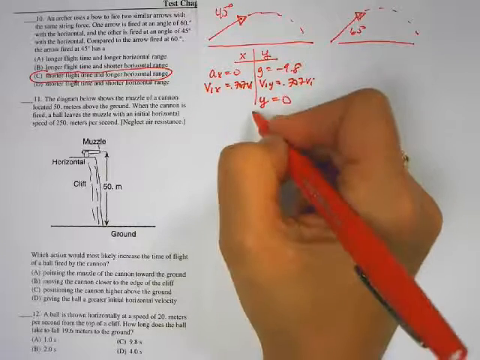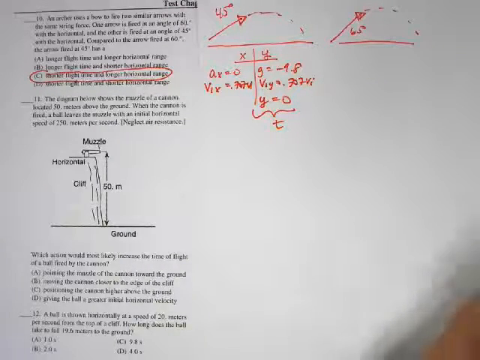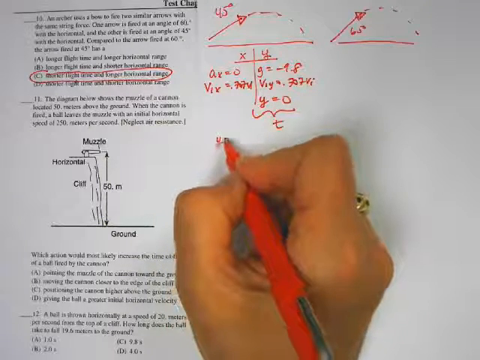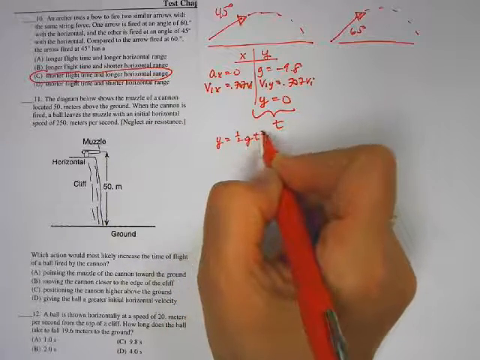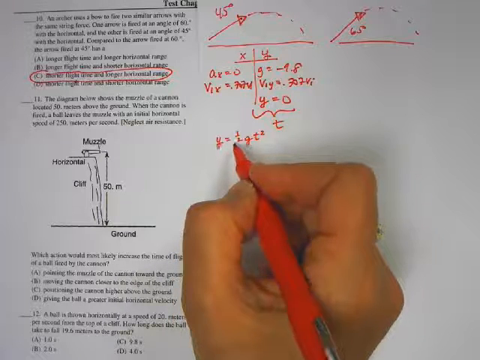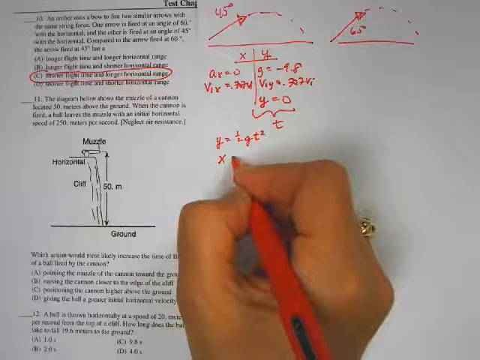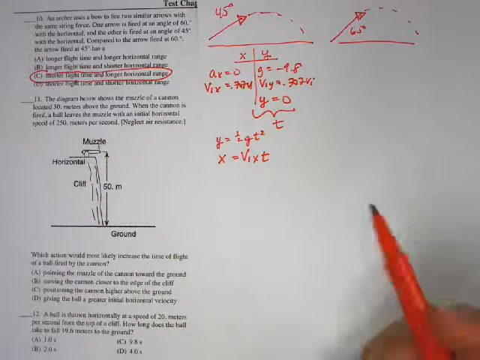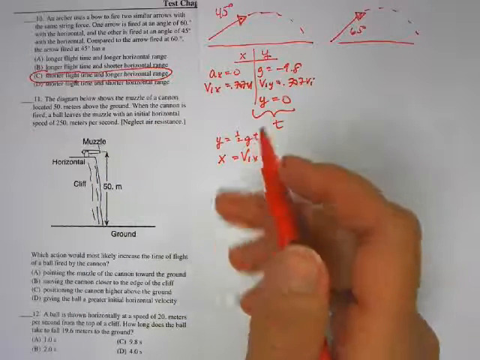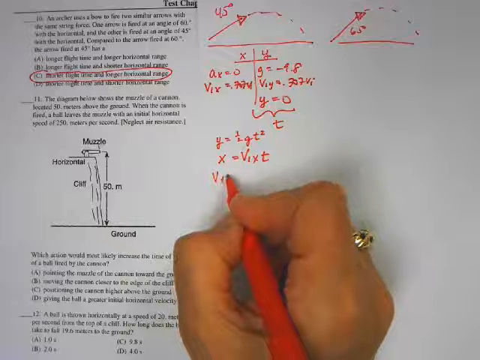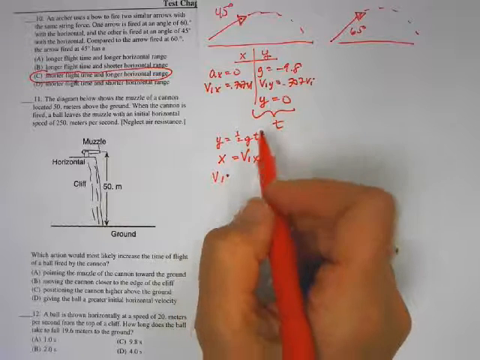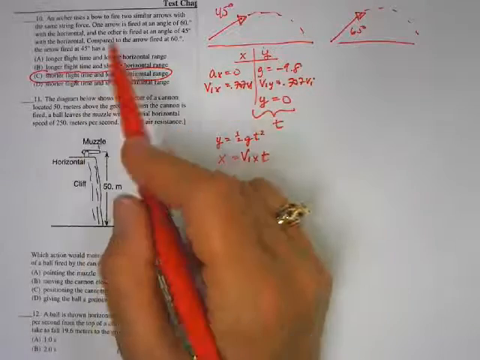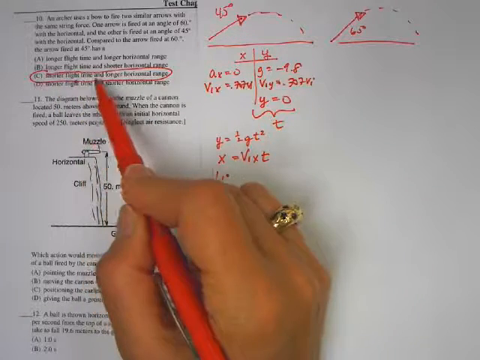Once I have these three things, if I wanted to find time, I could use the other equation, y is equal to 1/2 g t squared, and then if I wanted to find the horizontal displacement, x is equal to vix times t. So if I was to work all these out for each of the angles, I could just compare these and know that, again, there's the shorter flight time and the longer horizontal range.